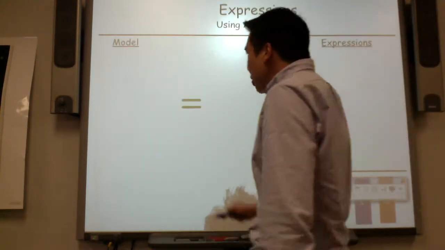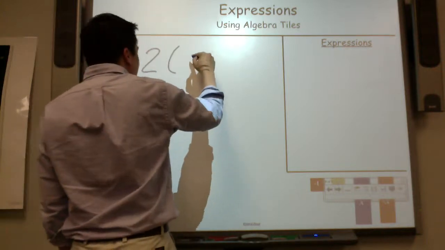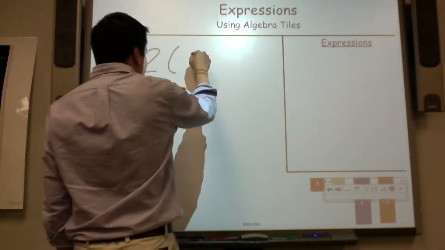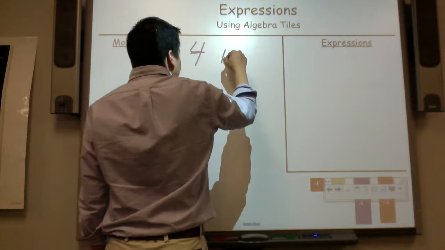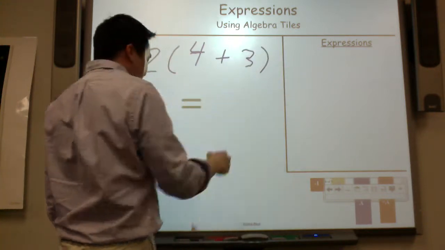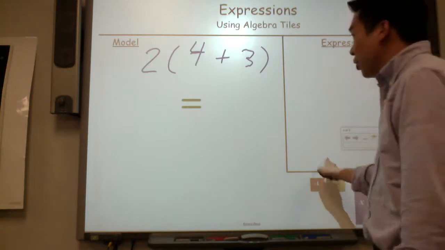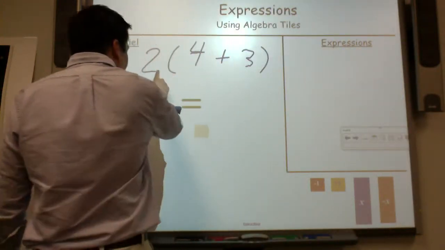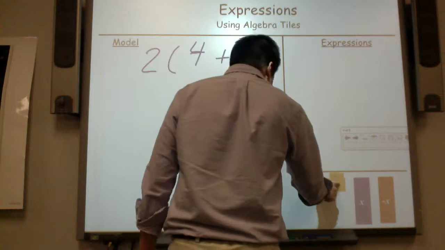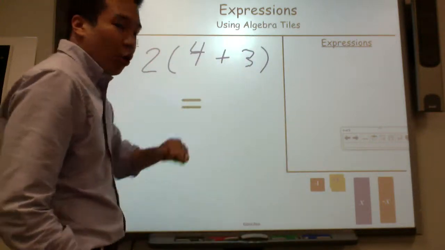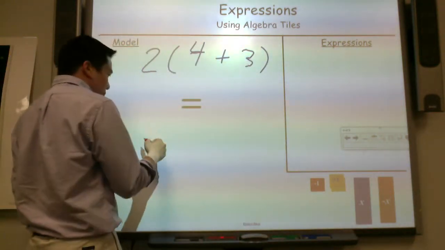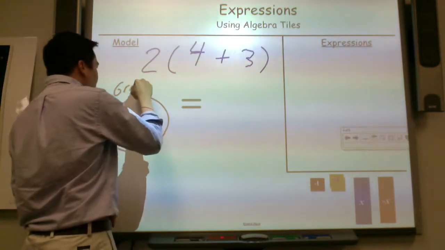So imagine you had, let's start off easy, 2 groups of 4 and 3. So we have 4. So it's saying this. You have 2 groups of 4 and 3. So here is group 1.